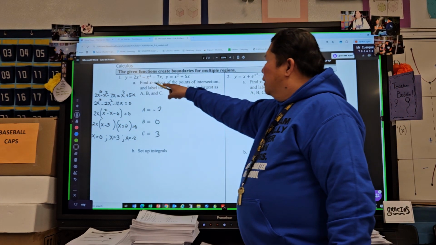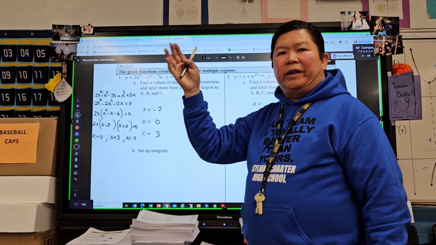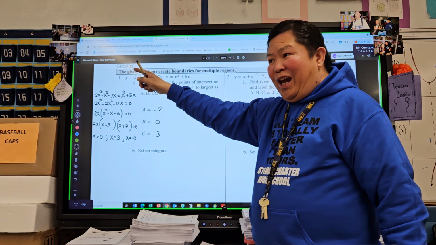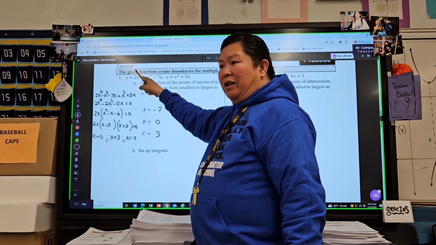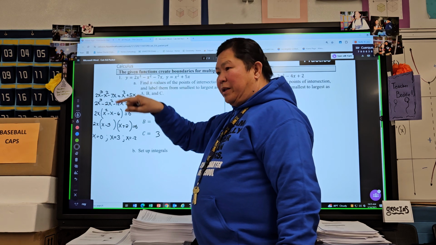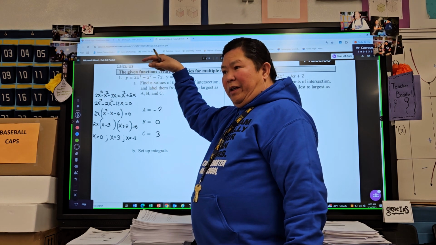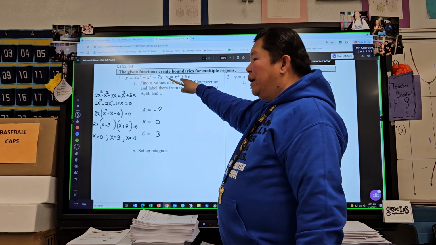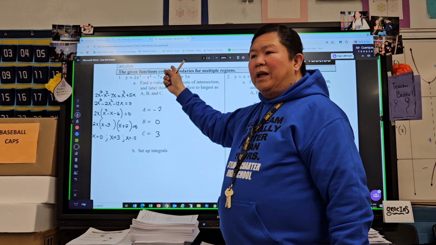So if you graph this one, I just want you to do a mental graph. This is a cubic function. Normally this leading coefficient is positive, so it starts down, ends up. Get me? And this one is a parabola. What's the concavity?